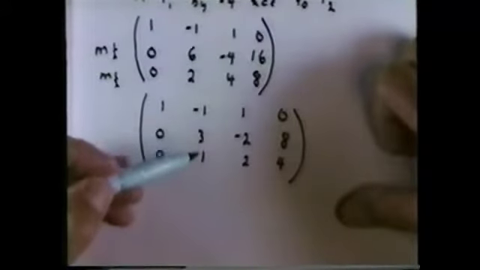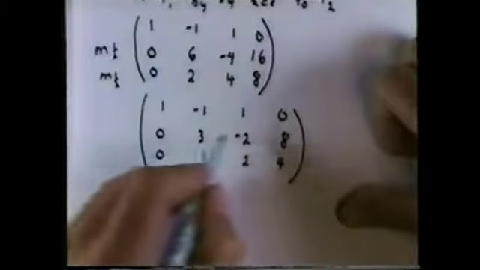The second column is not. I need a 1 here. I need a 0 in this one. Well, I think what I'll do is wait and put the 1 in later. Well, I might as well. I can get the 1 there. I can go ahead and multiply by 1/3.